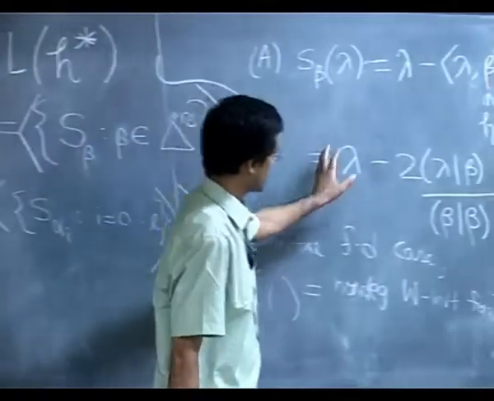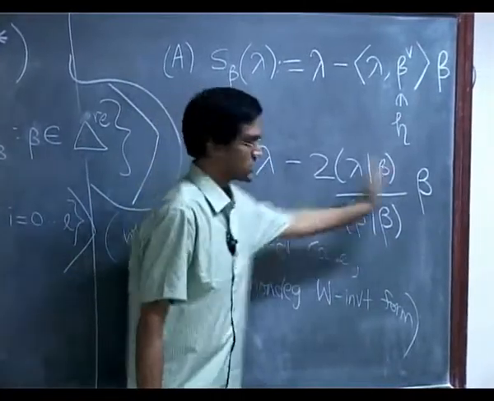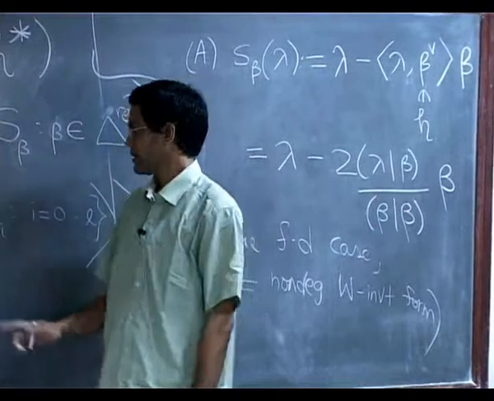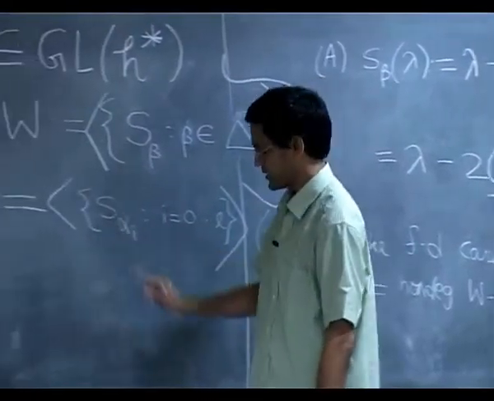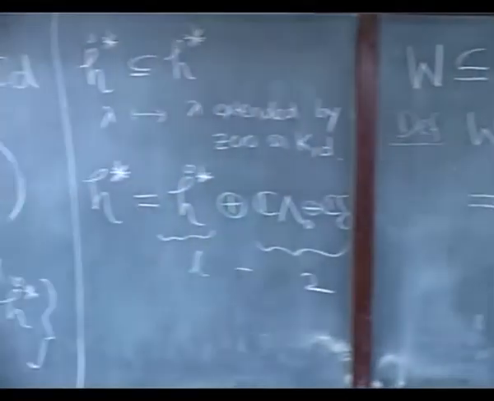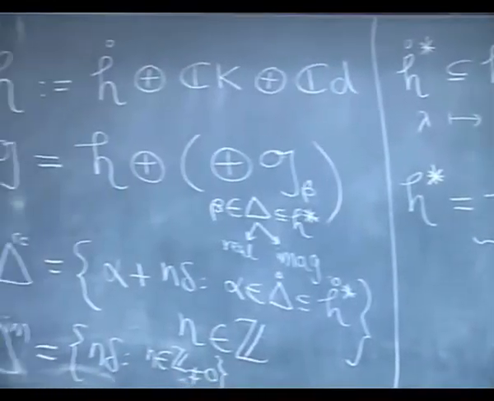Okay, so now let's try and use this as our definition of a reflection in the affine case. I'm trying to make sense out of what these reflections mean, and to do this I will just use a form. That's going to be the normalized invariant form.